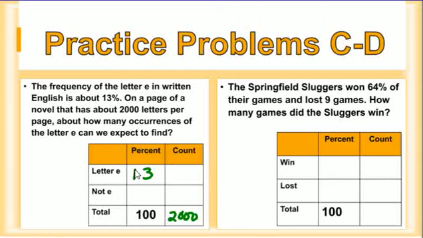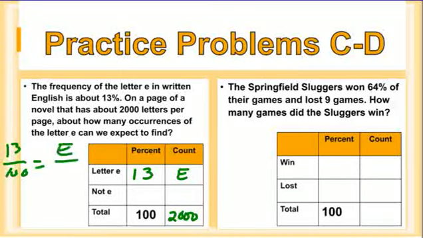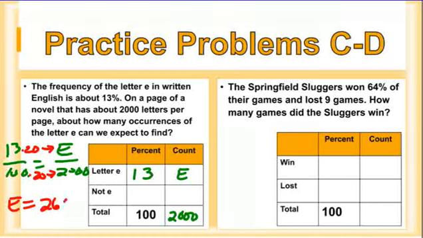We need to find about how many occurrences we can find of the letter E. So we establish our proportions, so 13 over 100 is the same as E over 2,000. I know that 100 times 20 will give me my 2,000. So 13 times my 20 will give me my E. So 20 times 13 gives us 260 occurrences.